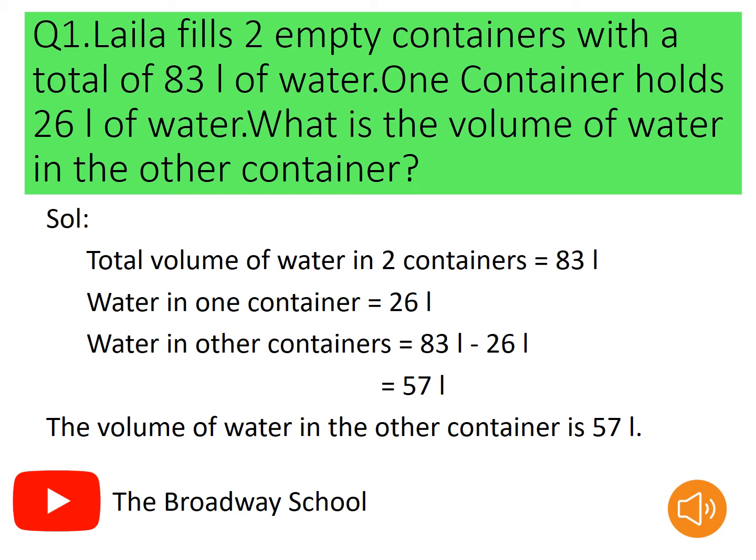So your fourth statement will be: water in the other container is 57 liters. To check whether your answer is correct, you can add 57 plus 26, which is 83, the total volume of the two containers.